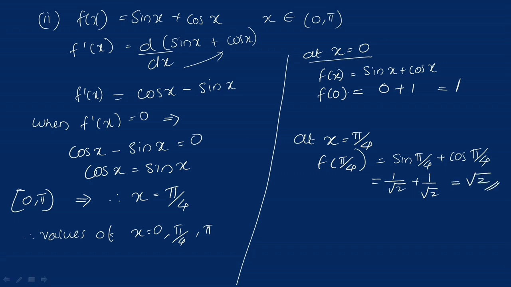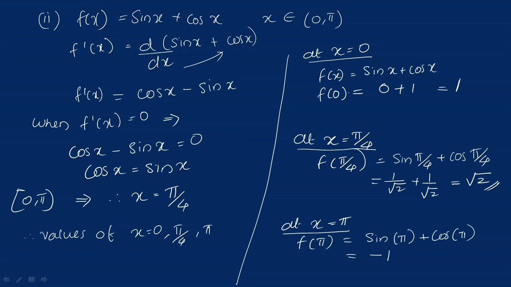And similarly at x = π, f(π) is sin π + cos π, where sin π is 0 and cos π is -1. So we have f(π) = -1. Among these three values, √2 is the greater value and -1 is the lesser value. So at -1 we have the absolute minimum, and at √2 we have the absolute maximum. So the absolute maxima value is √2 and absolute minima value is -1.